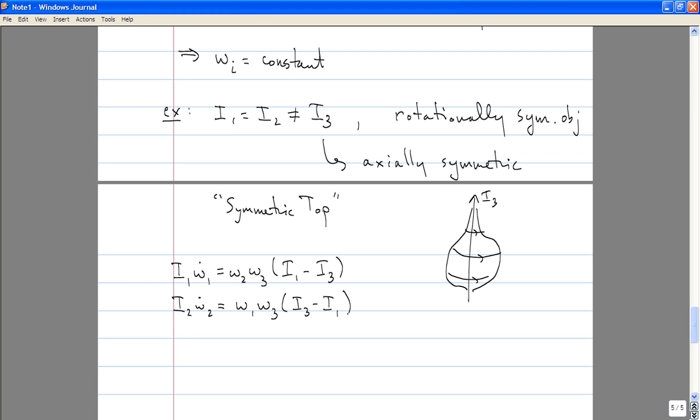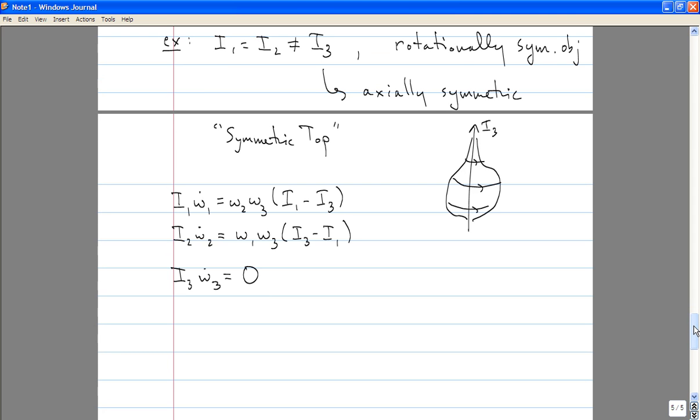And I3 omega 3 dot was equal to omega 1 omega 2 times I1 minus I2, which is equal to 0. So the first thing that we see is that because we have two moments of inertia equal, omega 3 is a constant.